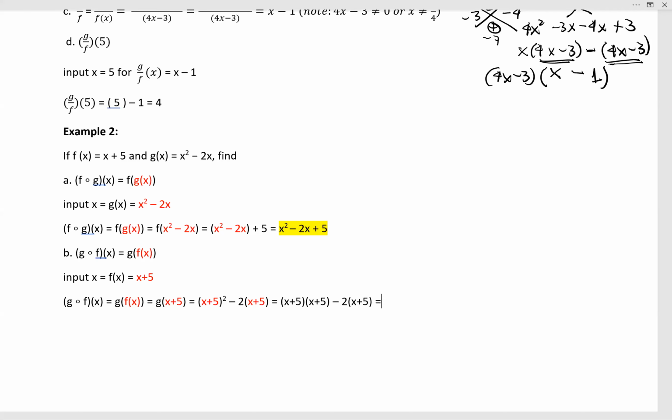So you're going to have x squared plus 5x plus 5x, which is 10x, plus 25, and then for the second term, minus 2x, and then minus 10.